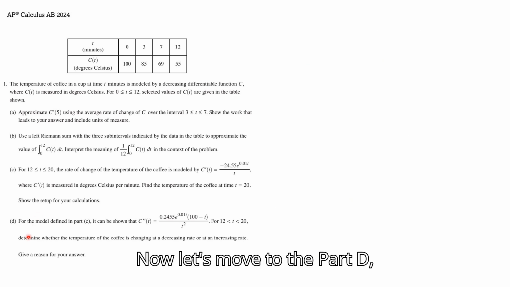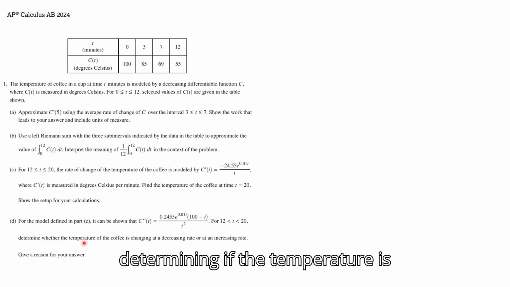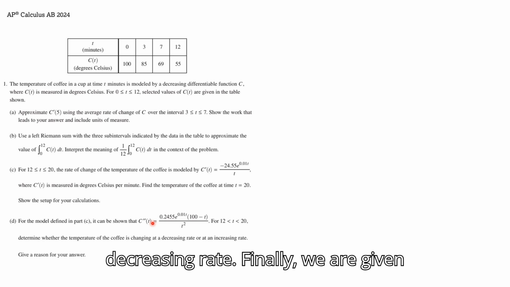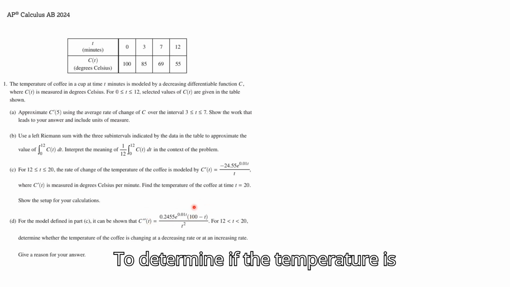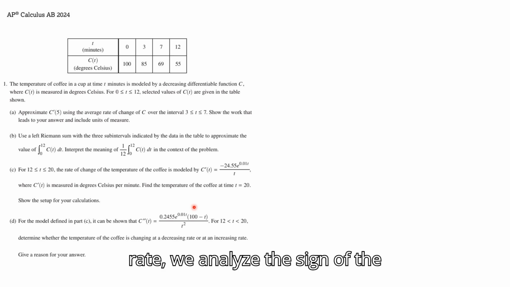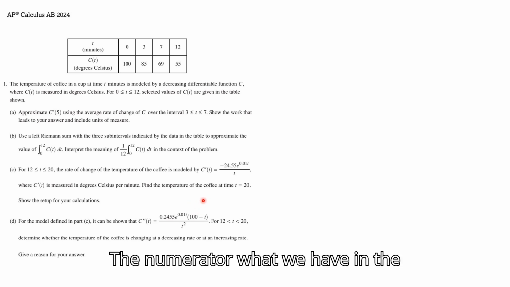Now let's move to part D, determining if the temperature is changing at an increasing or decreasing rate. Finally, we are given C double prime of t equals this. To determine this, we analyze only the sign of C double prime of t.